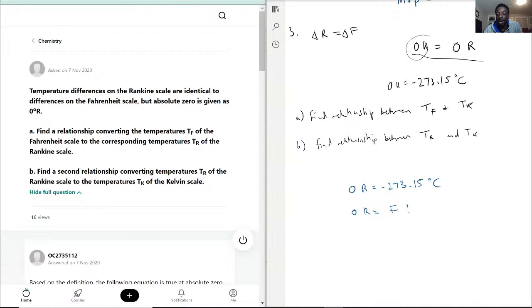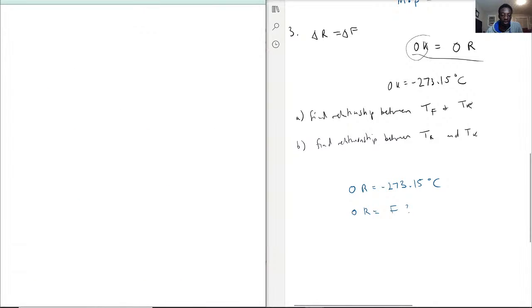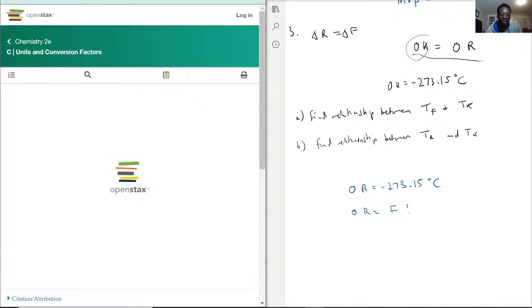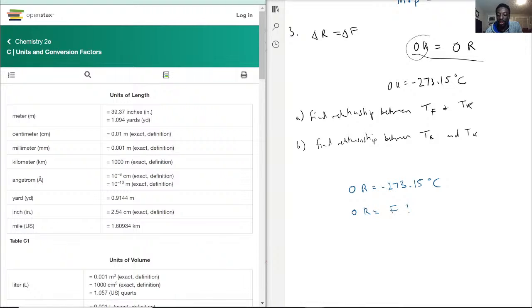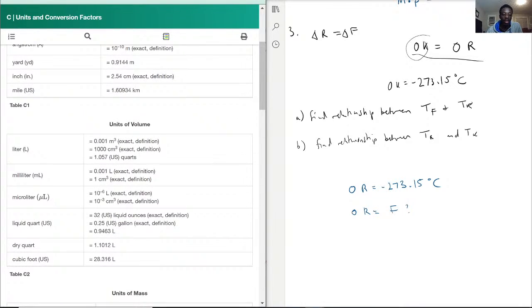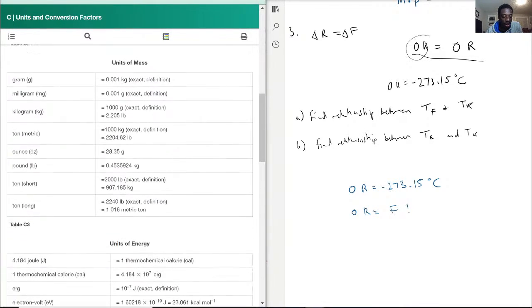That's what we're trying to find out here. Because we want to find TF and TR, we're going to use the unit converter here, hopefully it has Celsius to Fahrenheit, and convert these Celsius to Fahrenheit and see what we get.